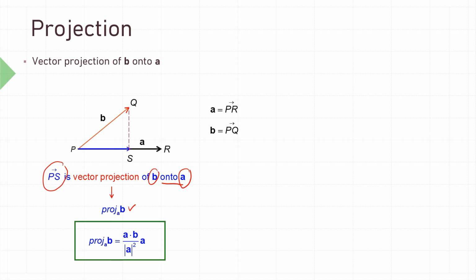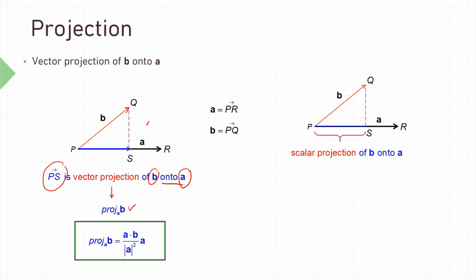Now we have another projection which is the scalar projection. Basically this is the same diagram as this one. We just need to find the scalar projection, meaning we need to find this length here. So this is known as scalar projection of B onto A. Just now we found the vector, but now we just need to find the length from P to S. That's why it's known as scalar projection.